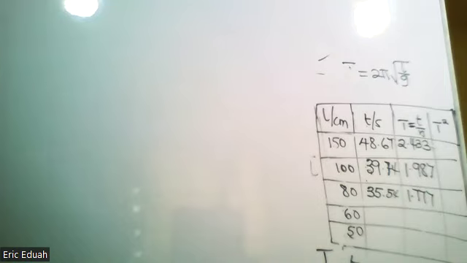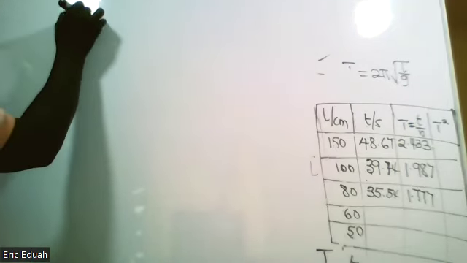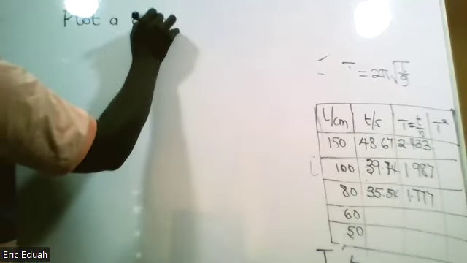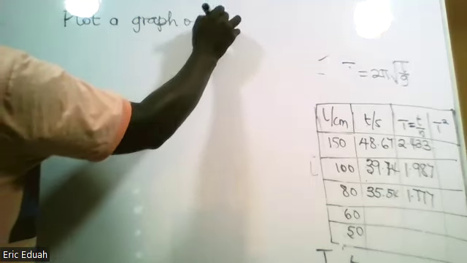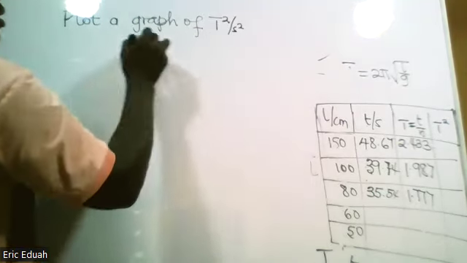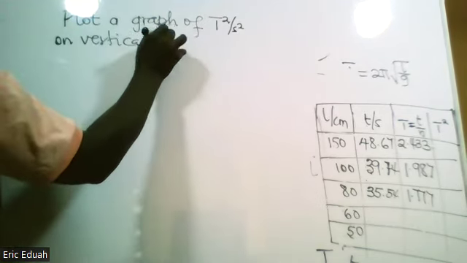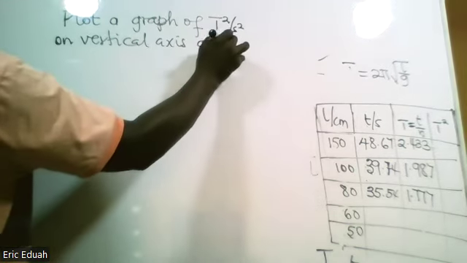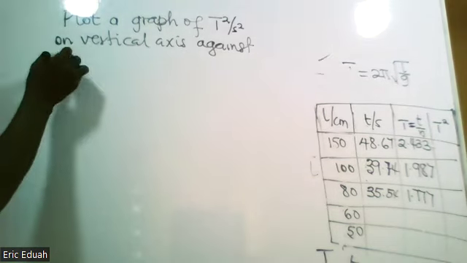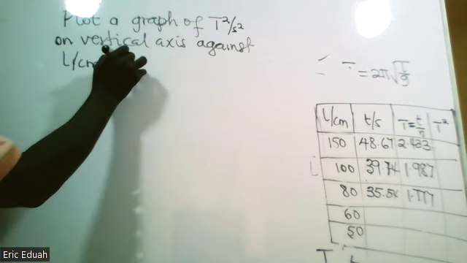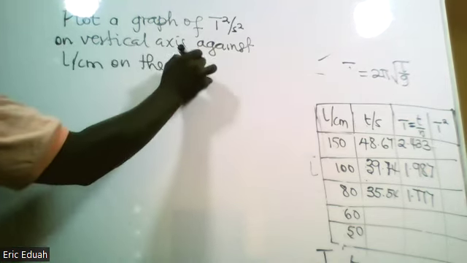Now, another application of this is that in practicals, after doing this, they will ask you to plot a graph of maybe T squared on the vertical axis against L on the horizontal axis.